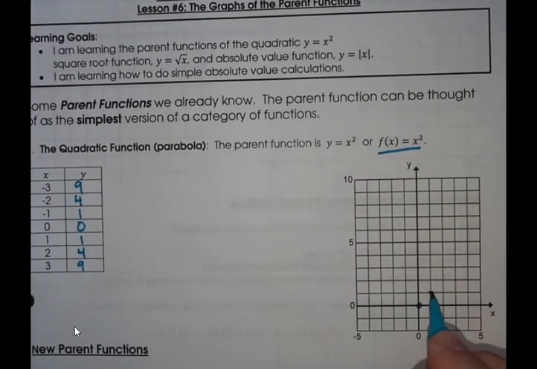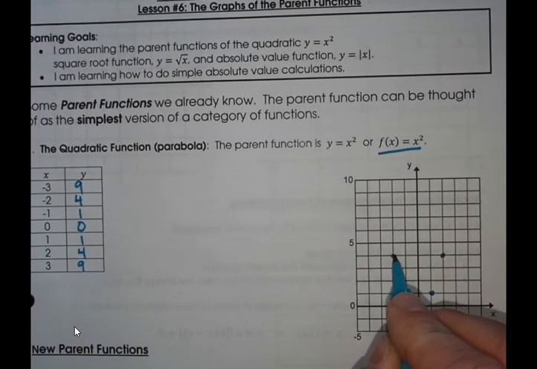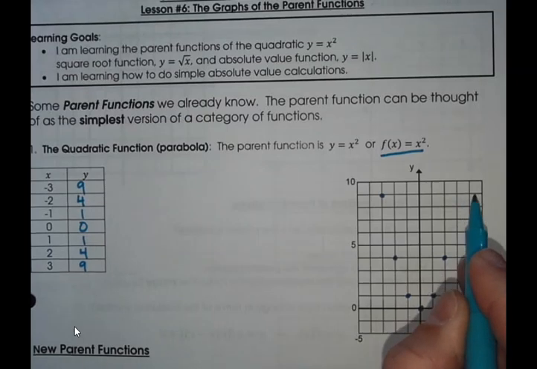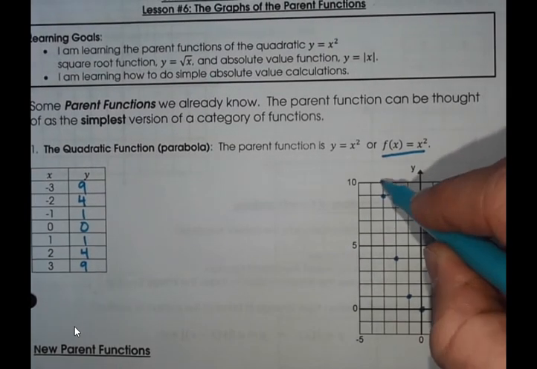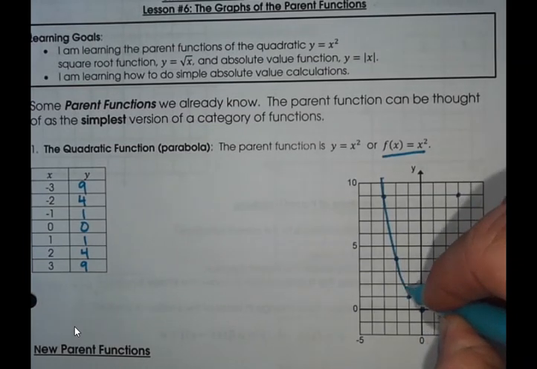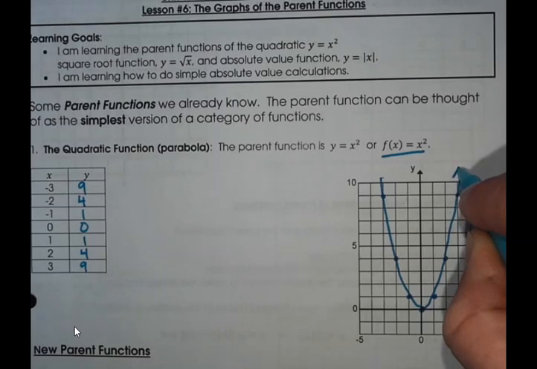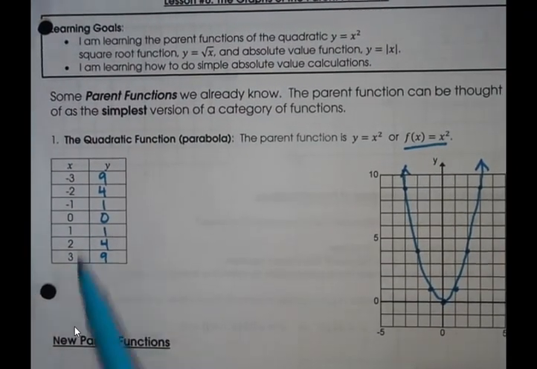I'm not saying that this is anything new, but we can sketch this parabola. Okay, nothing crazy. We're going to keep these points handy because we're going to do transformations for these down the road.